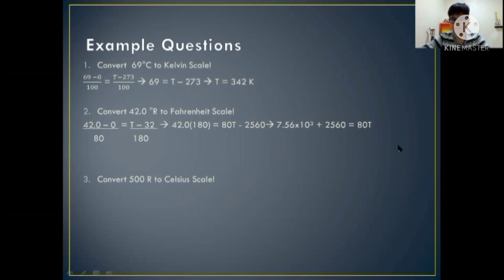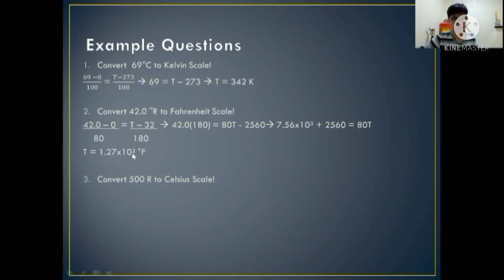And the final answer, the temperature in Fahrenheit scale, will be 1.27 times 10 raised to 2. Now, maybe for some of you on your calculator the result will be 126.5. Why I use 1.27 times 10 raised to 2 is because I followed the significant figure rules, which is when the given significant number is 3, then the final answer will be 3.